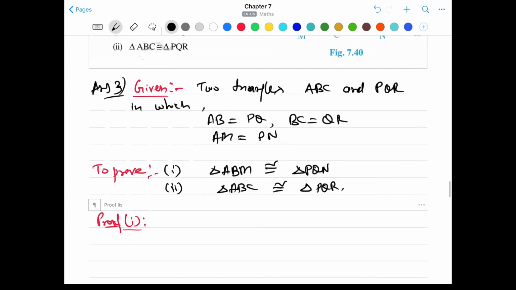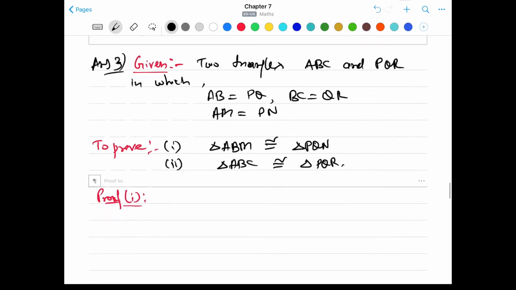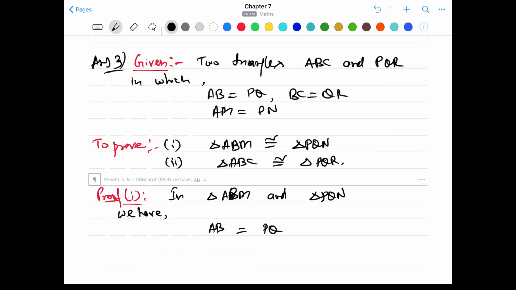Of part 1. Okay, here what we have to prove is that these two triangles ABM and PQN are congruent. So in triangle ABM and triangle PQN we have the side AB equal to side PQ.